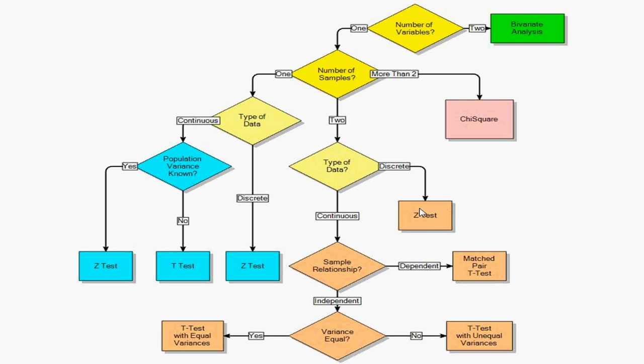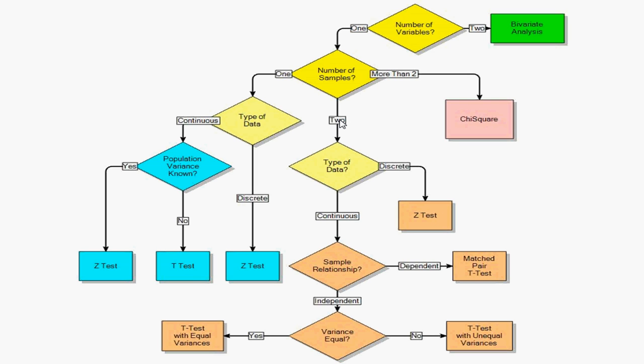We see a lot of z-testing scenarios when we get into an election year, for example. Those who would vote for a particular candidate versus those who would not. We don't have a partial voter, we have a full voter. So when it's a discrete data element and we have 2 samples, then we're running z-tests.